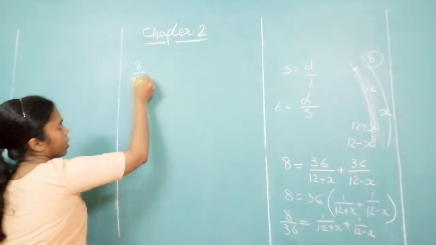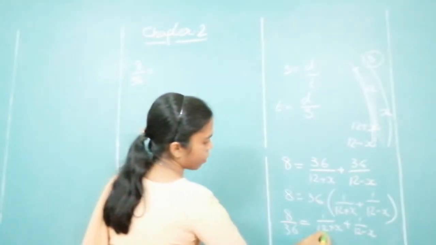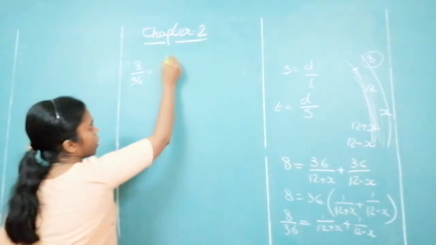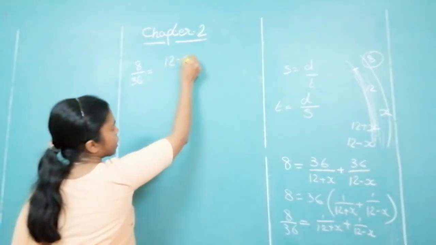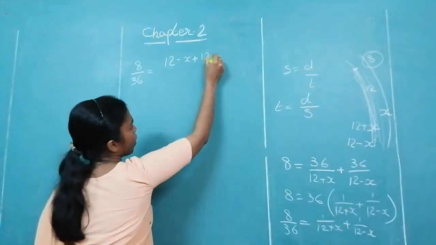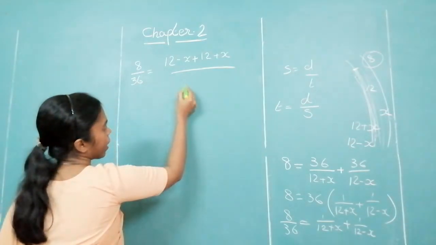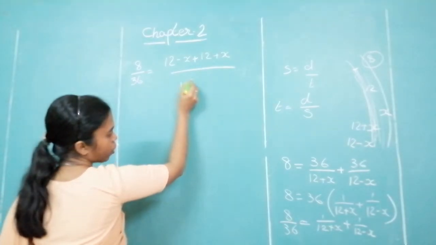8 upon 36 is equal to, we find the LCM, which is 12 plus x into 12 minus x. When you multiply, you have 12 minus x plus 12 plus x upon 12 plus x into 12 minus x, which is of the form a plus b into a minus b.